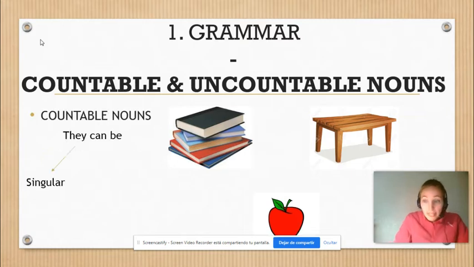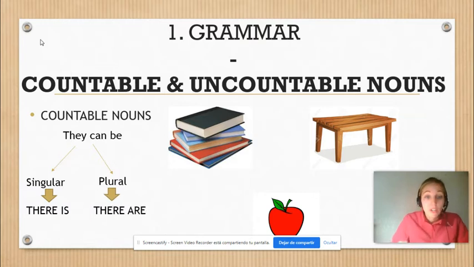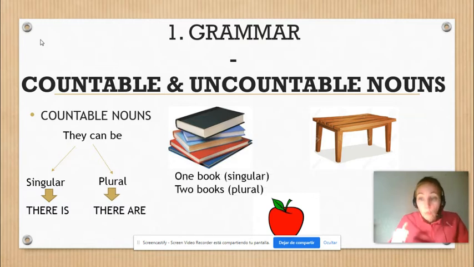So, countable nouns can be in singular, and they can also be in plural. If they are in singular, we have to use there is. And if they are in plural, we have to use there are. For instance, there is one book, this is in singular.